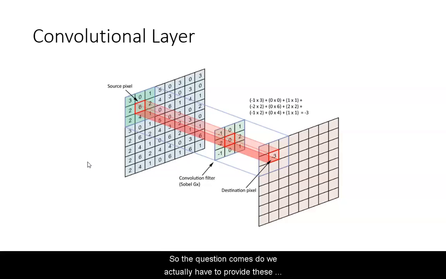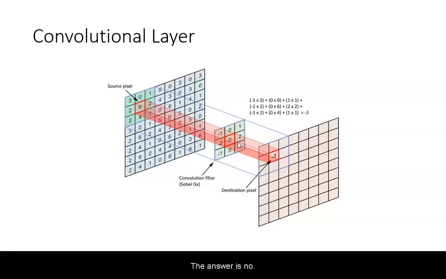So the question comes, do we actually have to provide these kernels or filters in order to train our neural network? That is, should we handpick these 9 values present in this particular filter while we are working with a convolutional neural network?